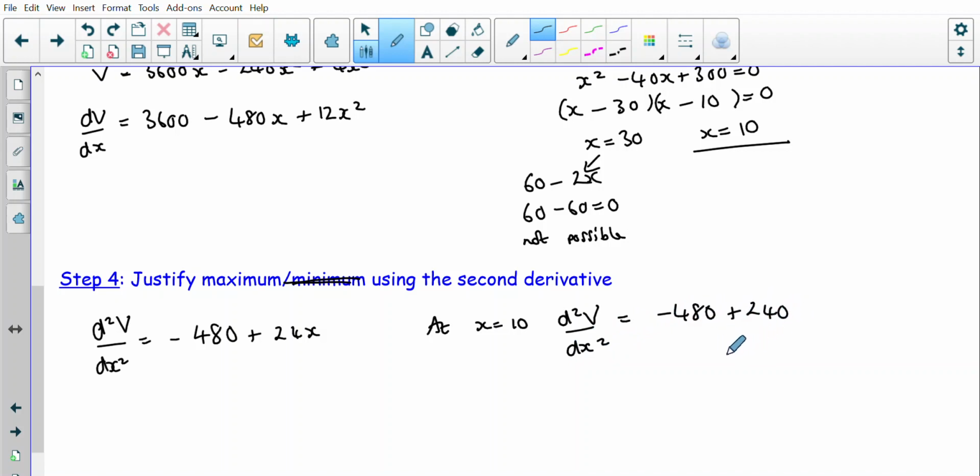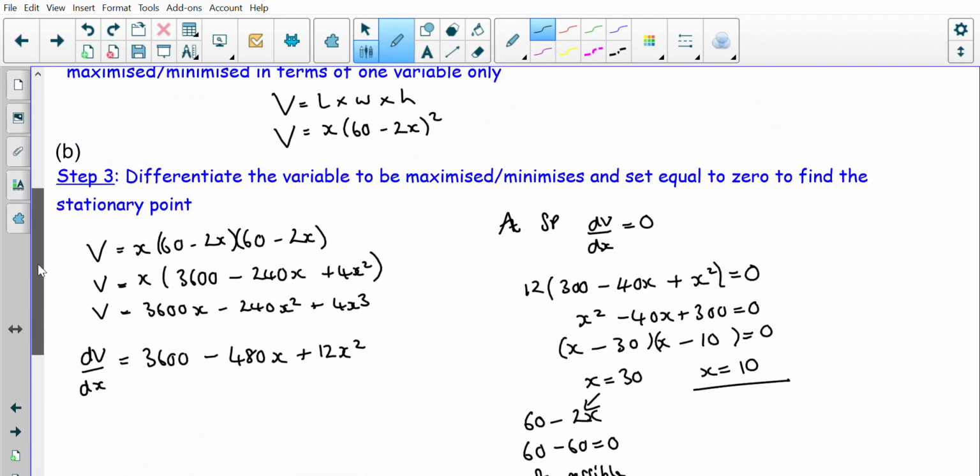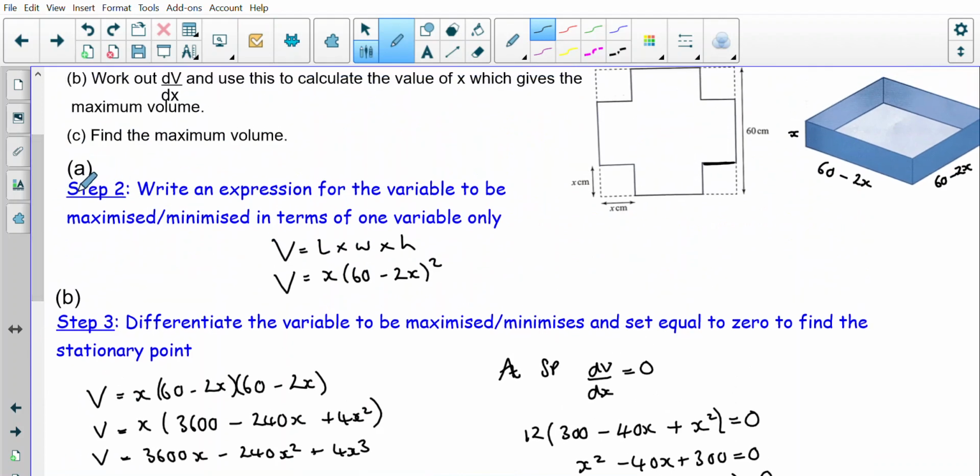Well, I can see that that's going to be less than 0, so that tells me that indeed x equals 10 is a maximum point on the curve, so that tells me that it's my maximum volume. So to finish off the question, x equals 10 gives the maximum volume.